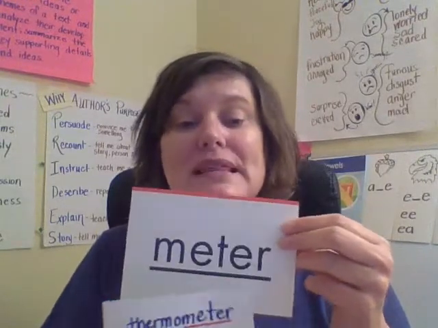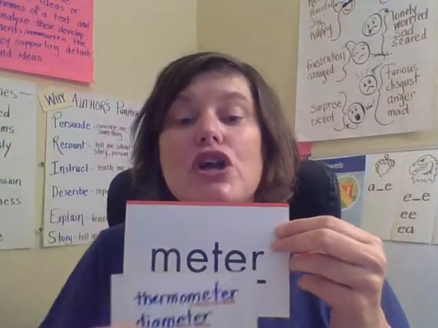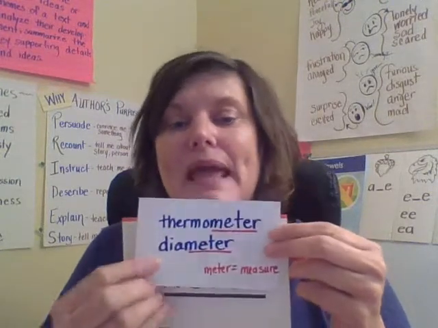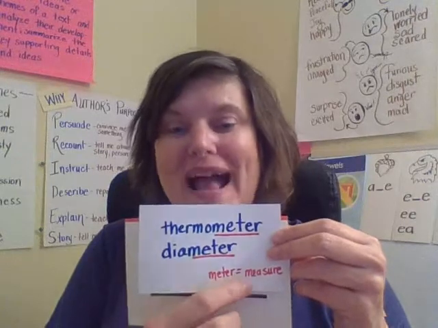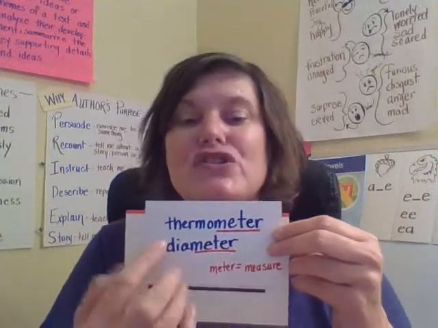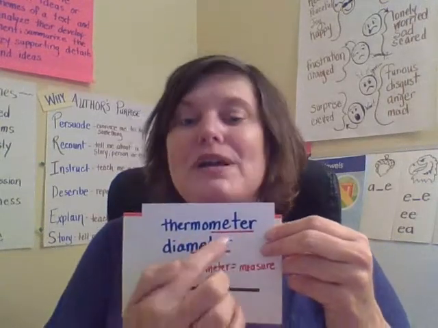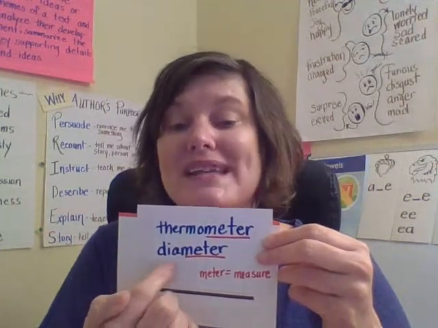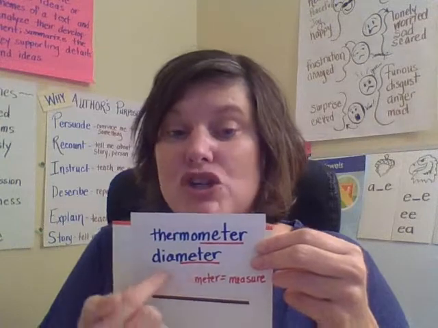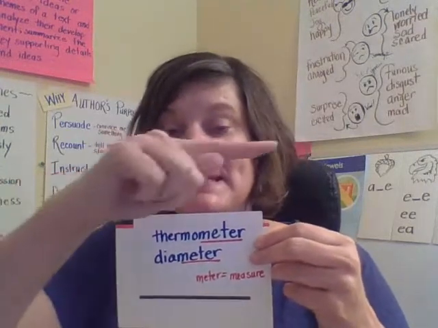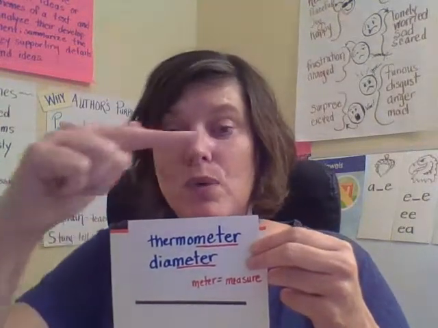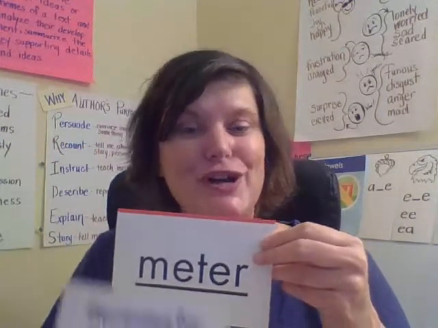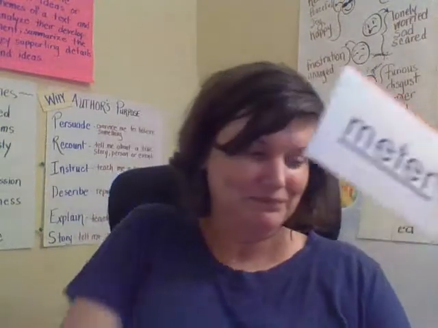So when you see this in a large word, you will pronounce it meter instead of meter, okay? And meter actually means measure. So a thermometer means you're measuring your temperature, whereas diameter means you're measuring the distance in a circle from one side to the other. So meter means measure.